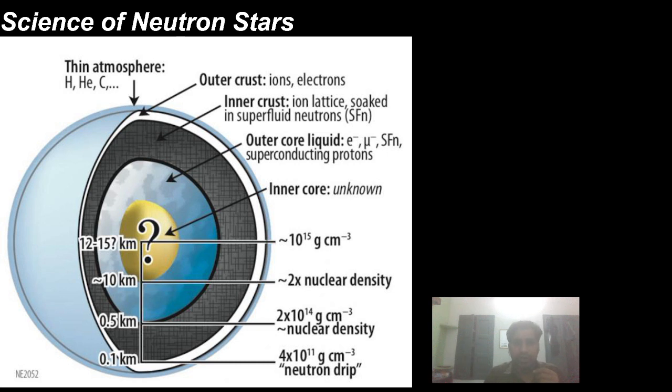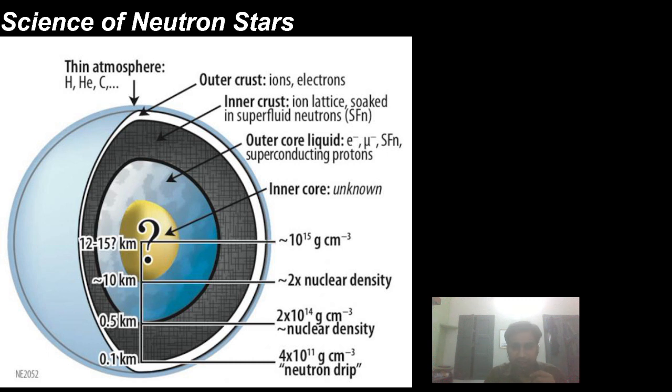Okay, behind this layer there is the outer crust, and in this outer crust there are ions and electrons. Behind this there is an inner crust, in which an iron lattice is soaked in superfluid neutrons.